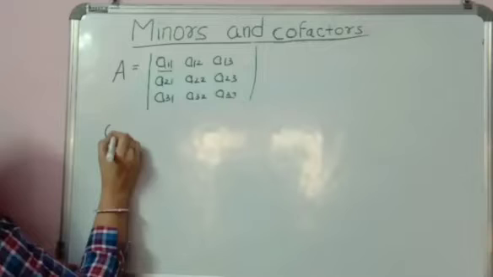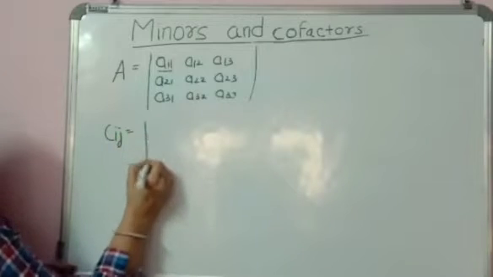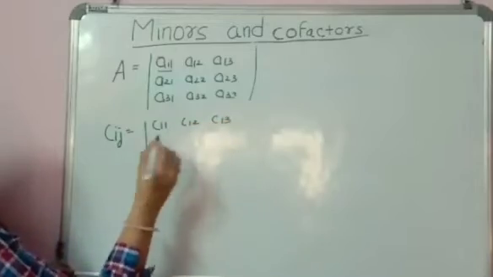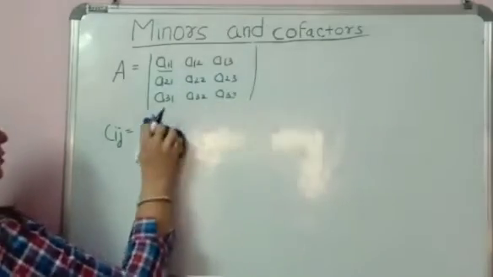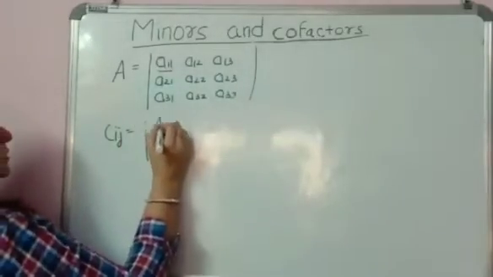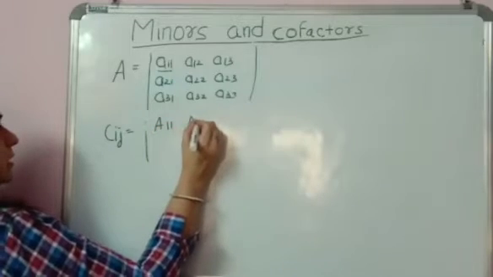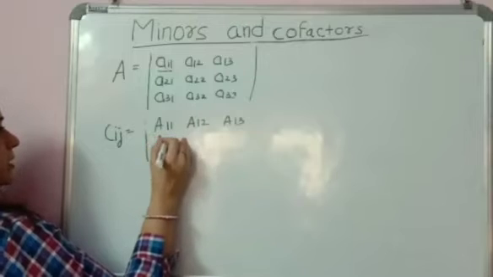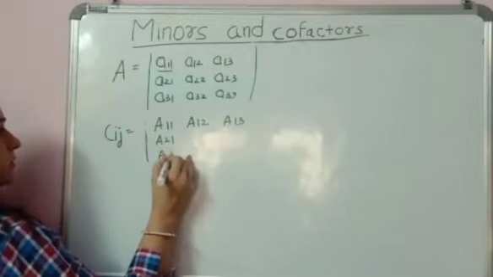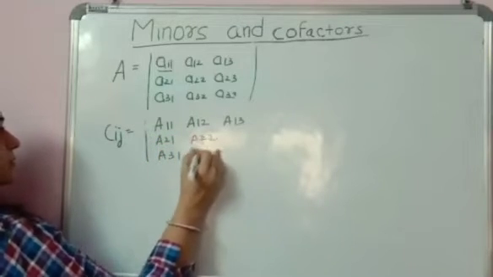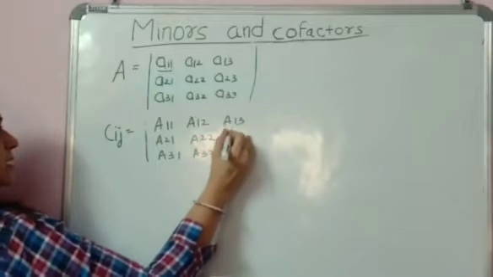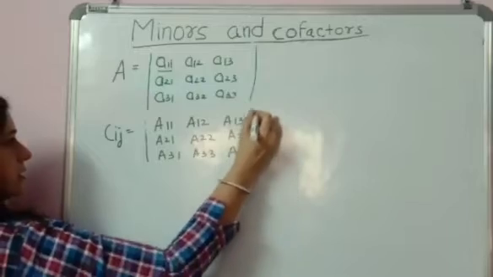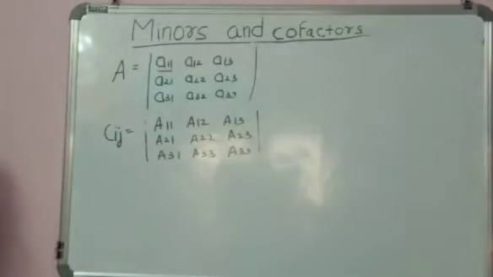The cofactors will be denoted by Cij: C11, C12, C13, or you can take A, we are denoting it by A. So capital A11, A12, A13, A21, A22, A23, A31, A32, A33. Okay, so you know this thing.